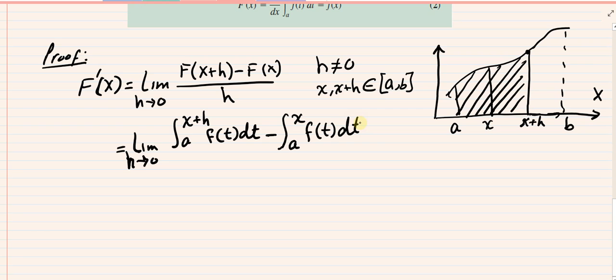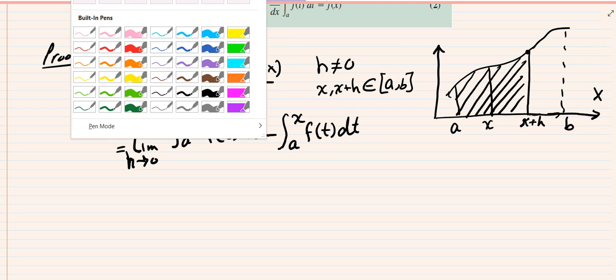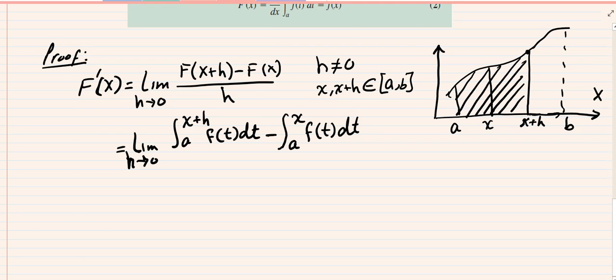Now the integral from a to x of f(t) dt, that's just going to be this portion, right? The highlighted region, that's what that is. From a to x plus h is the shaded region, the one I have hatched, and the other one that's being subtracted is actually this part.